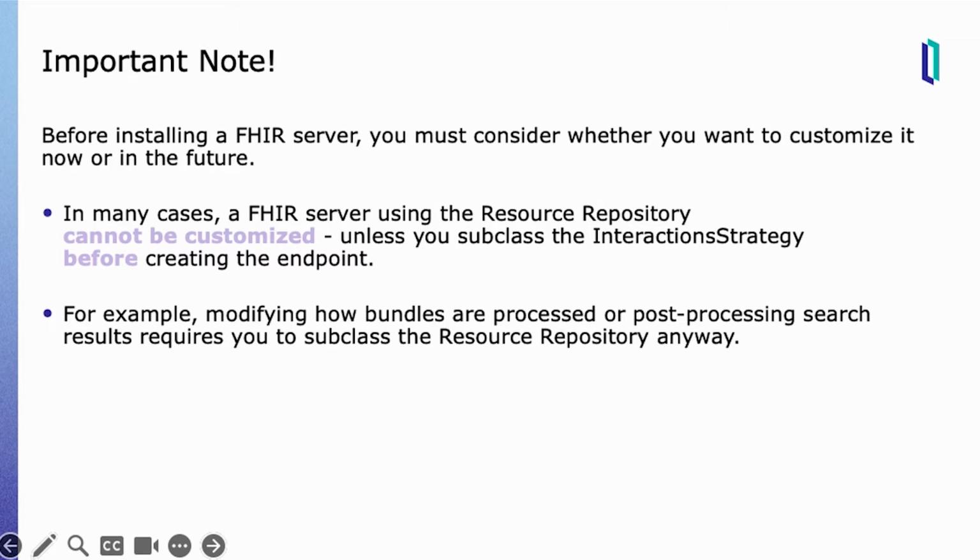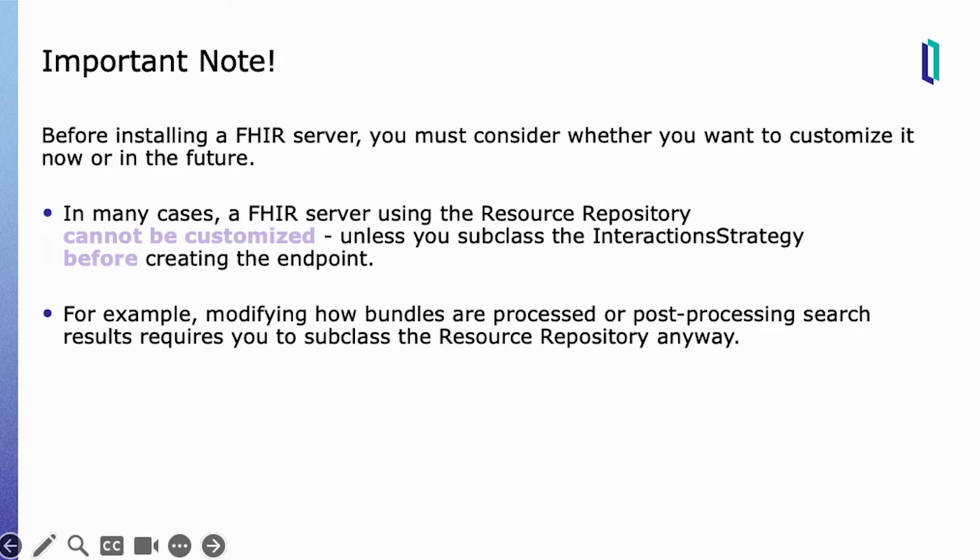So this needs to be decided even before you create your own endpoint, because that class is part of the endpoint definition, and you cannot change it afterwards. If you would like to add your own code later on, you would need to create a new endpoint, okay?